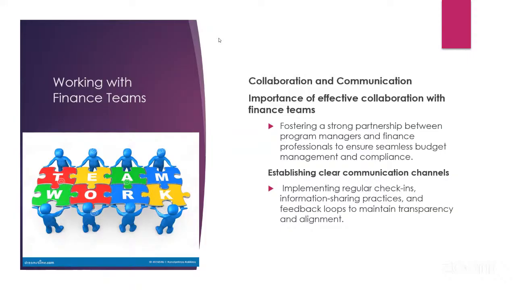For example, the programs team are the ones that will do the writing of the proposal that will be implemented, whilst the finance team will then do the budget. So the two should marry. So there is need of teamwork. You don't need to divorce each other. You have to marry each other when it comes to the preparation of the budgets.